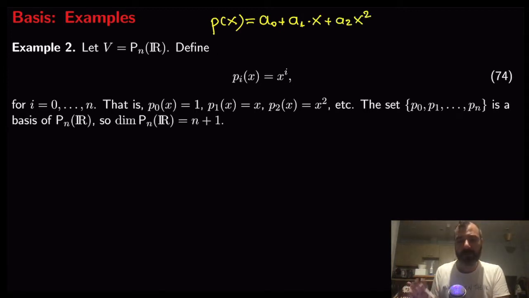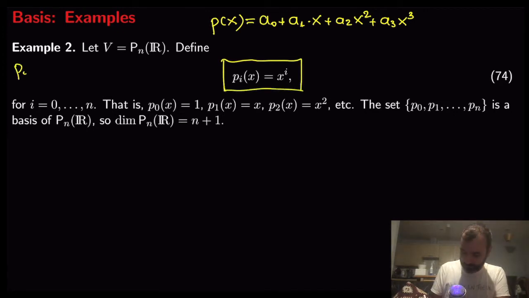I think that's enough. This is a polynomial of degree 2. Do you want to make degree 3? That's fine. Plus a3 x to the power 3, x cubed. This is a polynomial of degree 3. Well, to be precise, not 3, up to 3. Because what if a3 is equal to 0? This is a polynomial of degree up to 3. Maximum degree is 3.